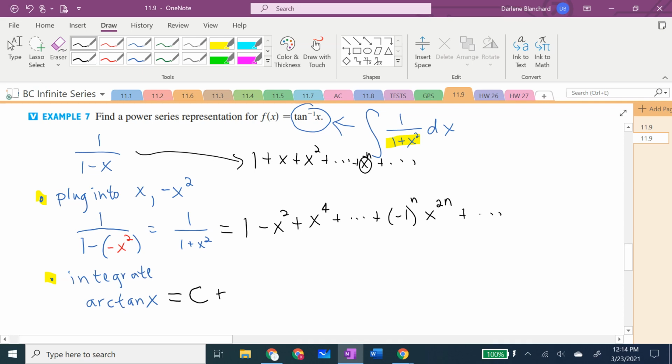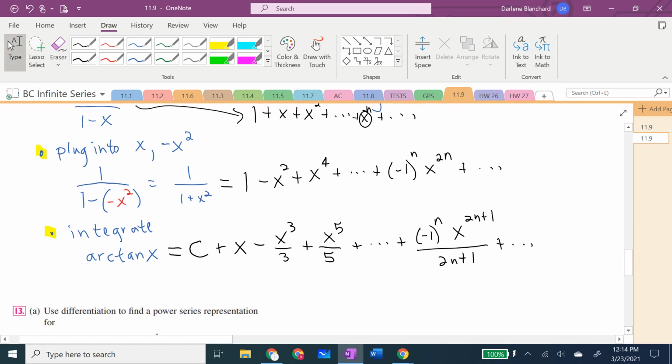Now when you integrate, you've got that unknown constant plus, and then integrate x, integrate, integrate. And so I go plus 1 divided by, and we've got it.